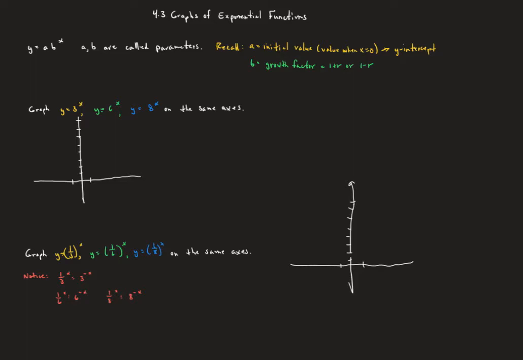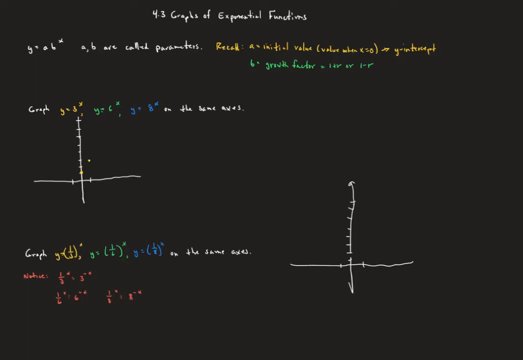So we want to have a feel for what these look like. We're going to graph here in yellow, y equals 3 to the x, in green, y equals 6 to the x, and in blue, y equals 8 to the x on the same axes. When x is 0, we know that 3 to the 0 is 1. When x is 1, 3 to the first is 3.